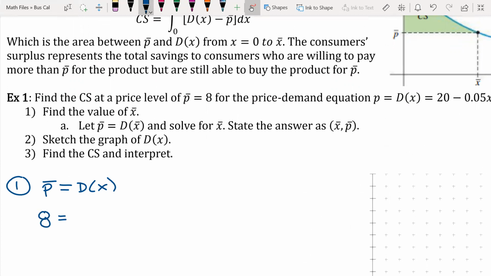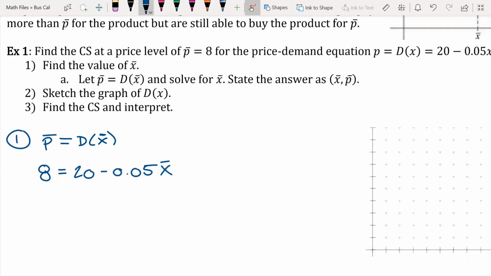And we set it equal to D of X bar, which is going to be 20 minus 0.05X bar. Okay. And now all we have to do is solve for X bar.